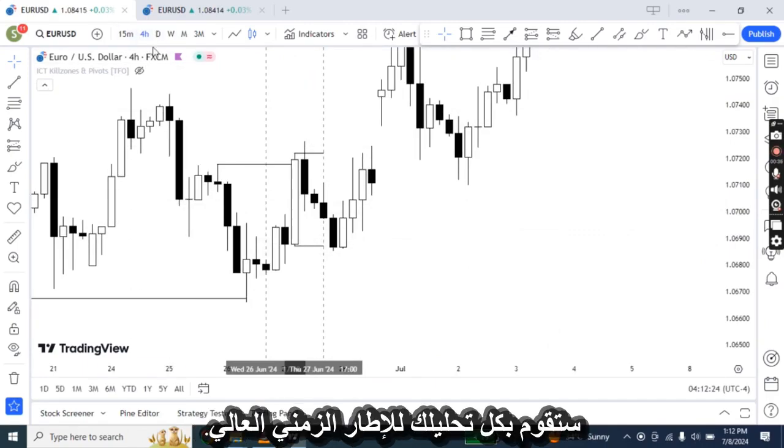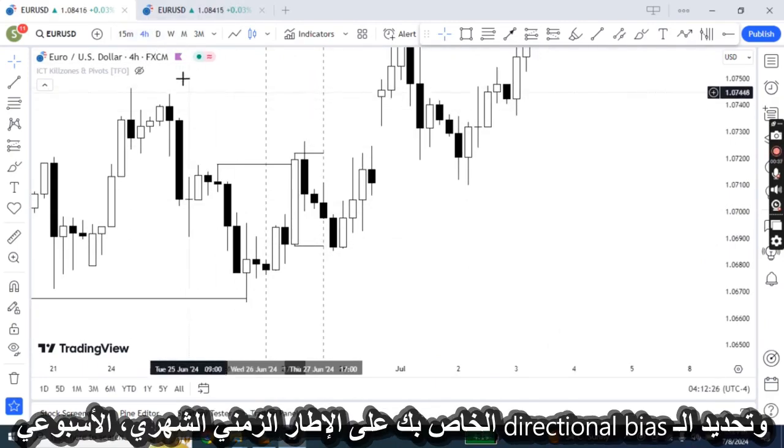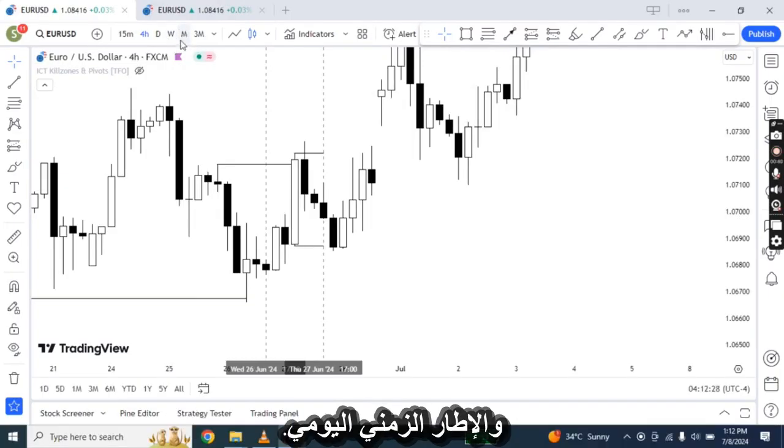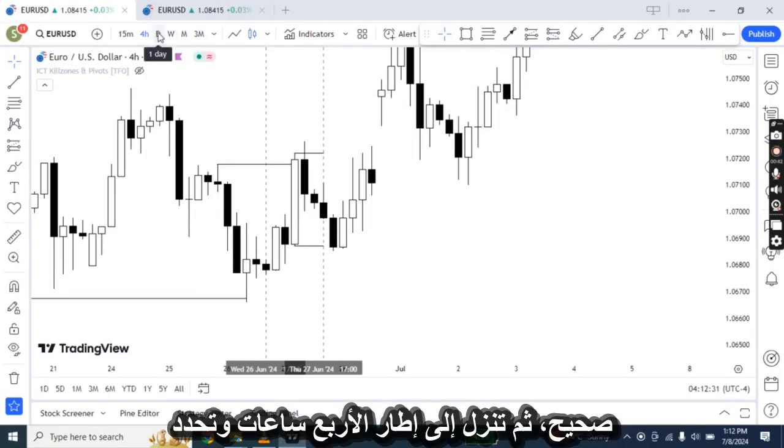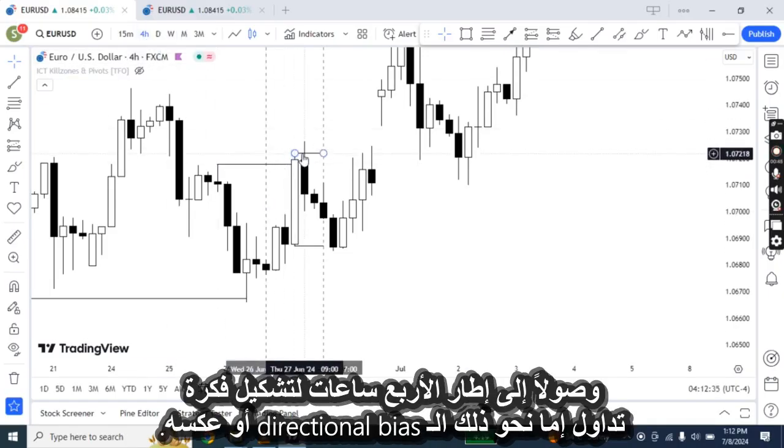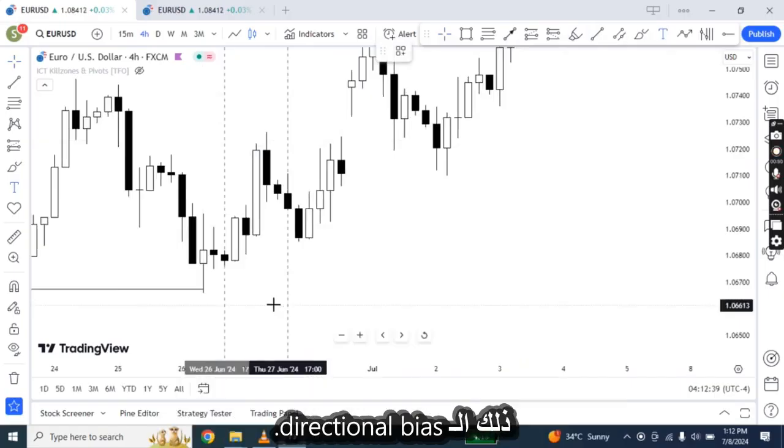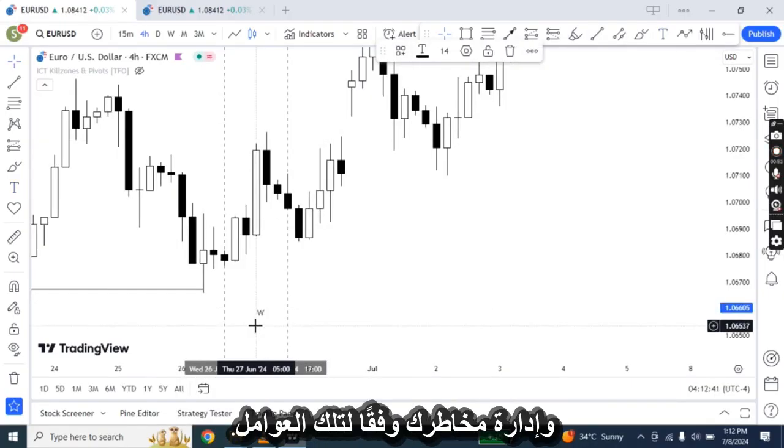So you're going to do all of your higher time frame analysis and determine your directional bias on the multi time frame, the weekly and the daily time frame, right? And then come down to the 4-hour time frame and refine all of that analysis down to frame a trade idea either towards that directional bias or counter to that directional bias, and manage your risk accordingly based on those factors.